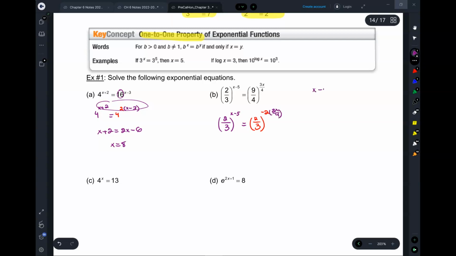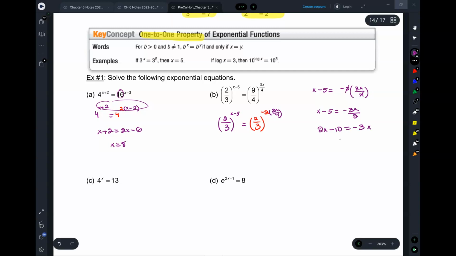So now I have x minus 5 is -2 times 3x/4. These go away. x minus 5 is -3x/2. If I cross multiply, 2x minus 10 is -3x.